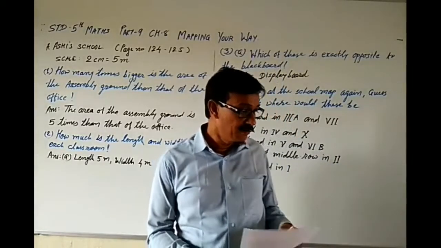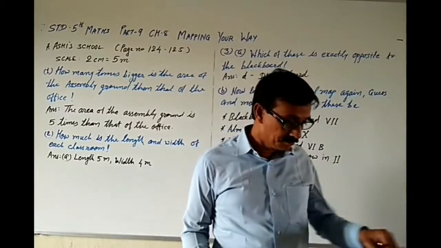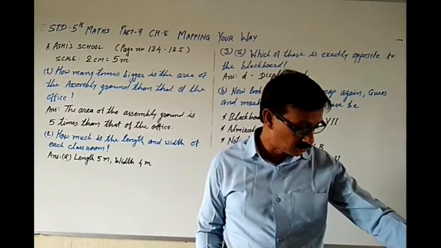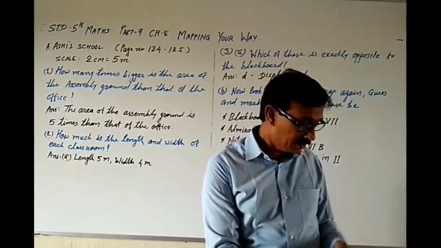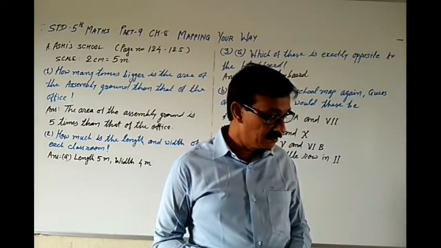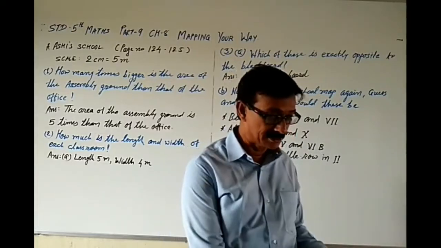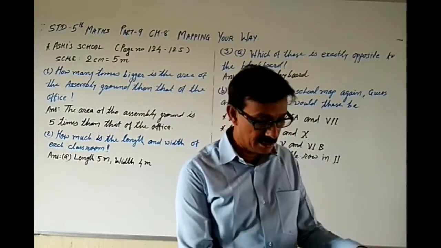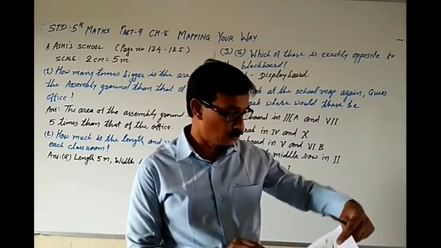Now let's go further. Here one more map is there, of a classroom. See, third question: all the classrooms in Ashi's school look like this. Look carefully and answer. So first of all, let's see. This is a classroom.